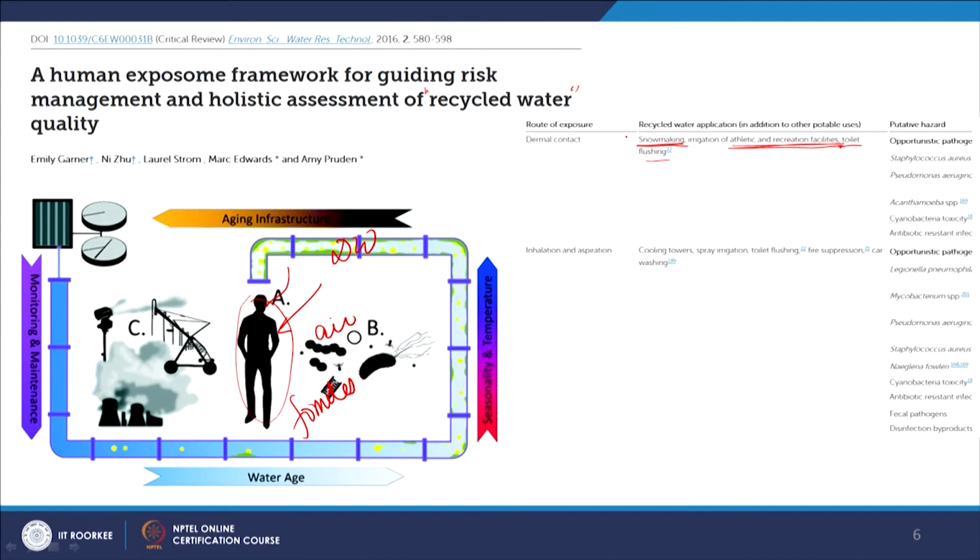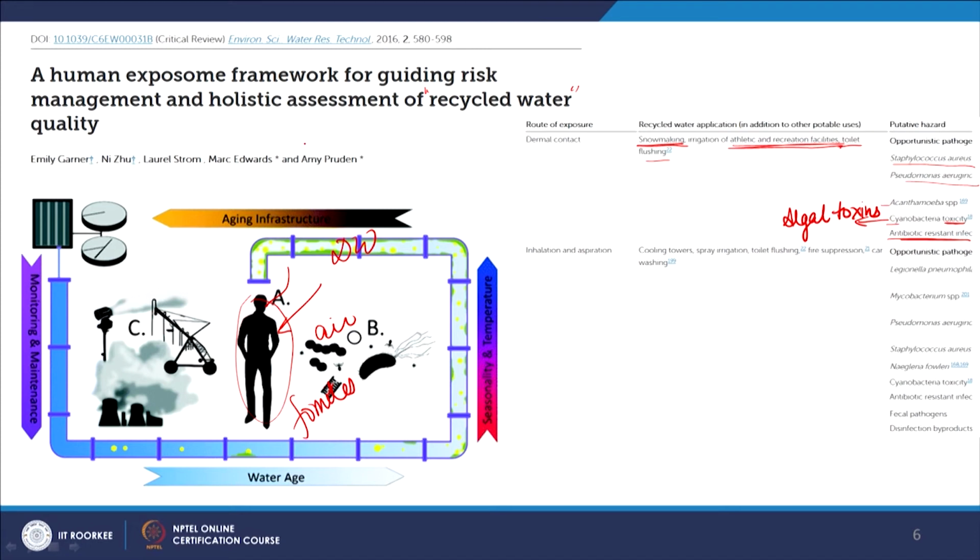Now, in dermal contact, we are mostly concerned with opportunistic pathogens such as Staphylococcus aureus, Pseudomonas aeruginosa, Acanthamoeba, and cyanobacteria. Those cyanobacteria that produce toxins, we can summarize as algal toxins. And then we are also interested in antibiotic resistant infection.